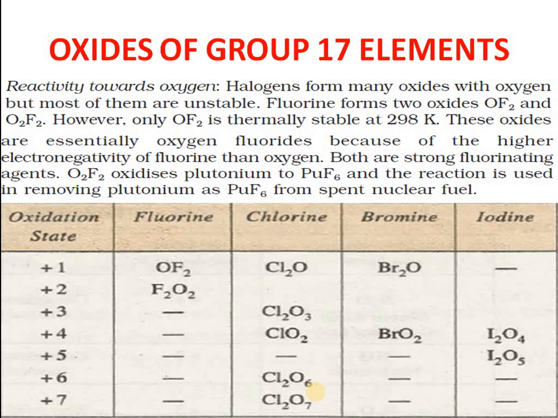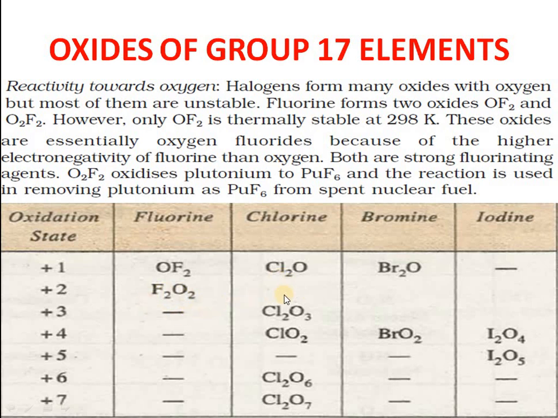So you cannot accept this F2O2. F2O2 will not be stable. Why? Because fluorine here is existing in a positive oxidation state, which is not possible. Fluorine, being the most electronegative element in the periodic table, cannot have a positive oxidation state. Please do remember that. So this is not practically possible.